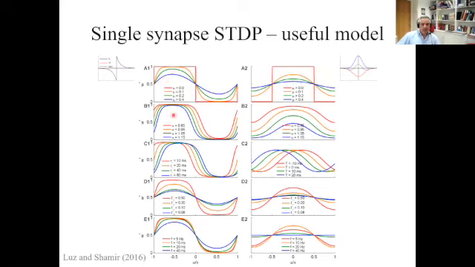The relative strength of depression you can also understand intuitively: when alpha is less than 1, potentiation is stronger, so we have more synapses that will be potentiated, and as we increase the relative strength of depression, the profile becomes narrower, and so on. And you can tease apart and understand the contribution of each and every component in this model.